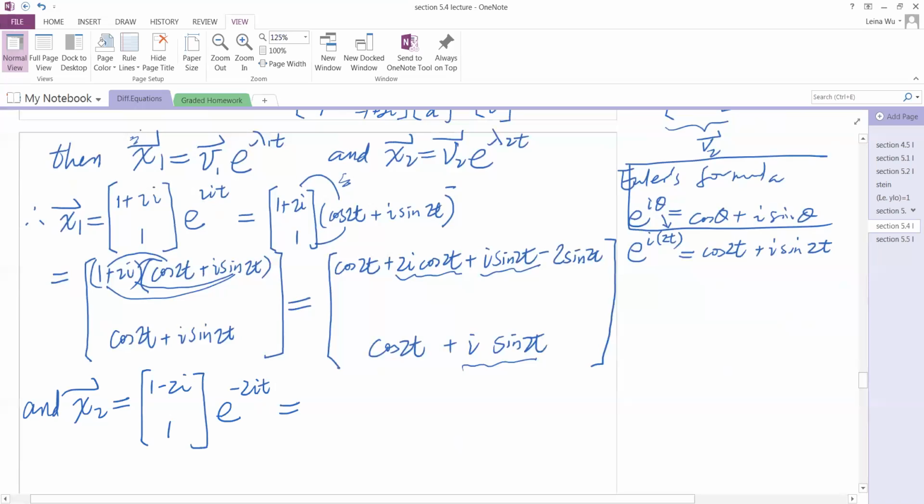Okay. I'm going to do a little bit of side work here, because eventually you're going to see what e raised to the i times negative 2t is. That should be cosine negative 2t plus i sine negative 2t.